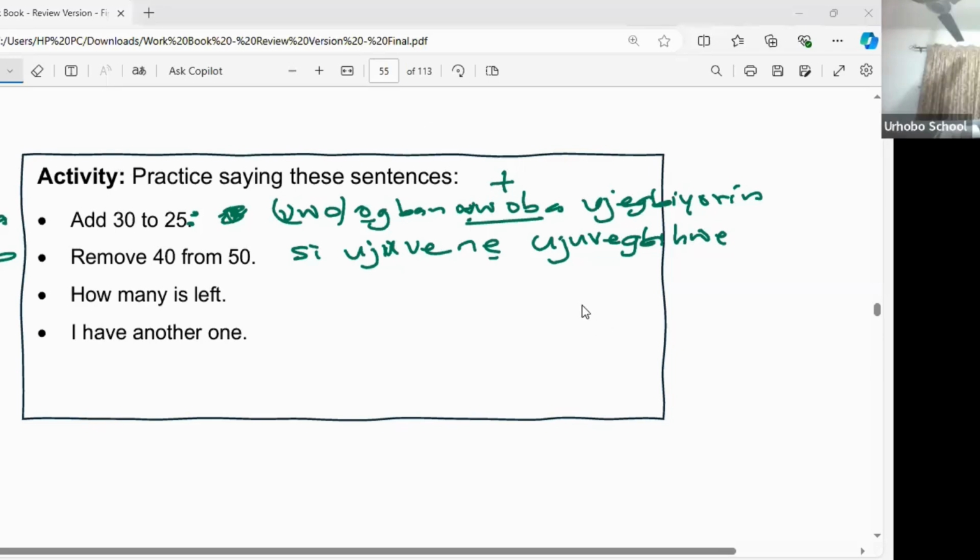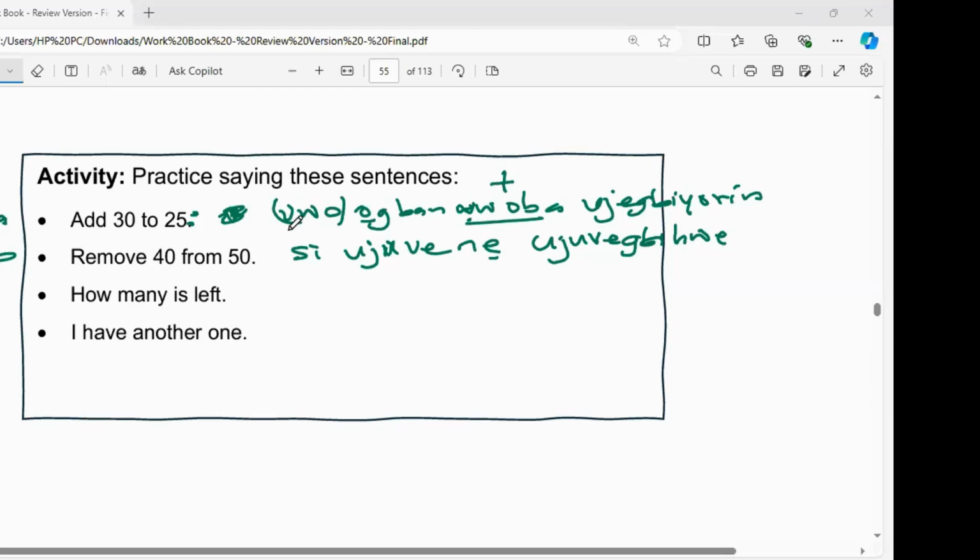Ivre. What is ujive ne ujive bifwe? Yes, what is the answer to this mathematics? 50 minus 40. Yes, 50 minus 40.